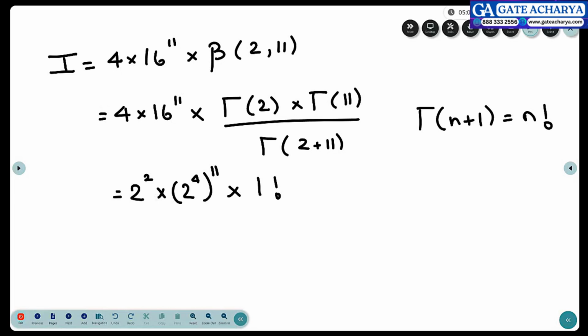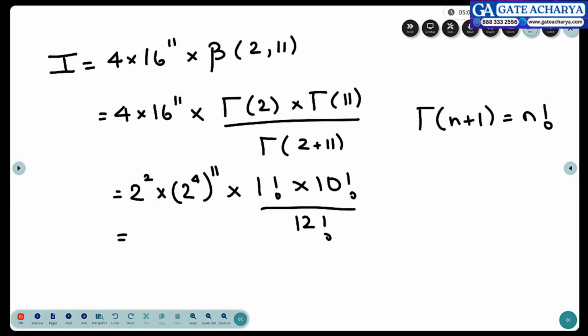What about 11? That is 10 plus 1, so it is 10 factorial. Now 2 plus 11 is how much? 13, so that is 12 plus 1, which is 12 factorial. Now just simplify the powers.